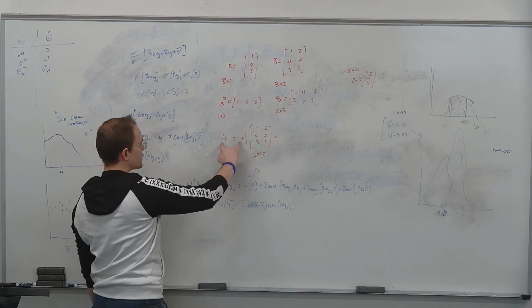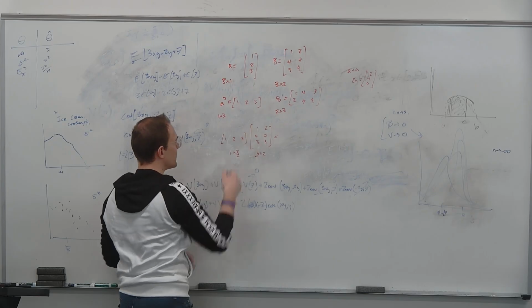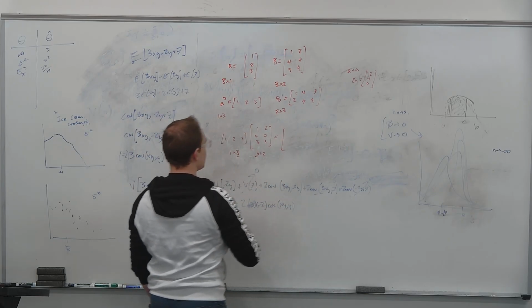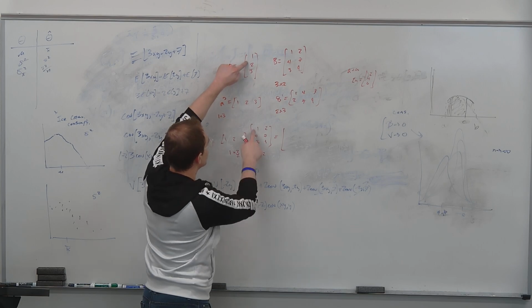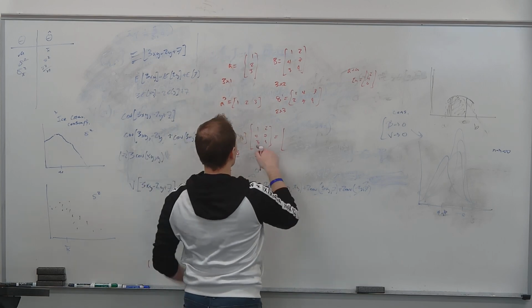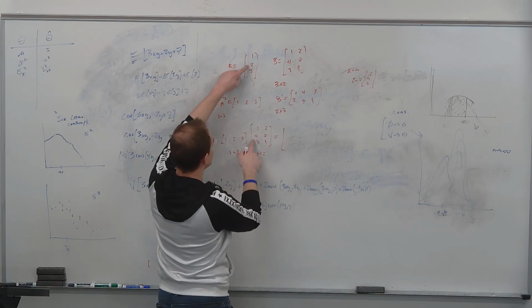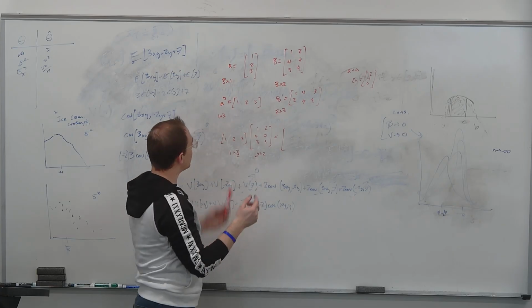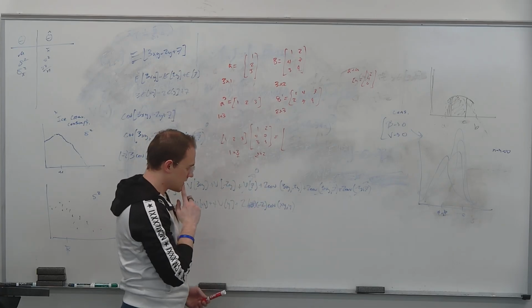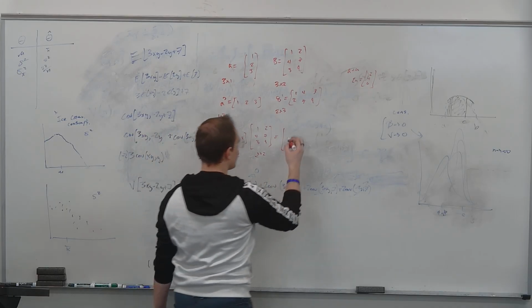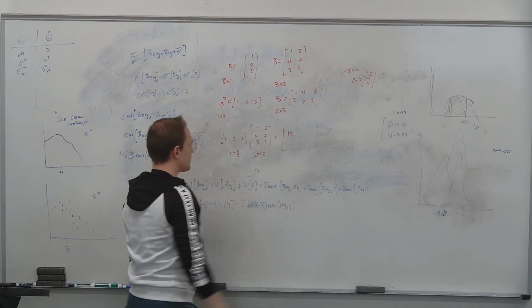Then you add all of these numbers together. 1 times 1 is 1, 2 times 4 is 8, and 3 times 3 is 9. So 1 plus 8 plus 9 is 18. So our first element is 18.